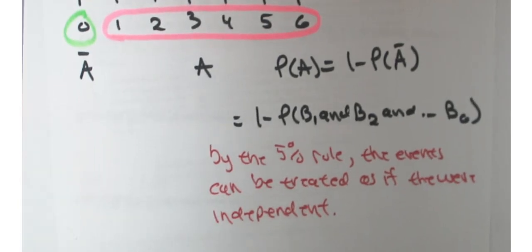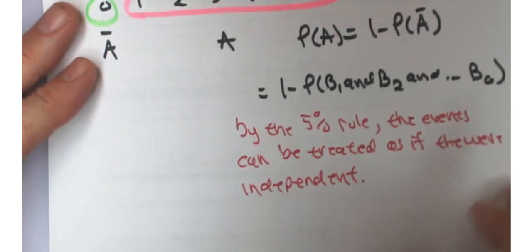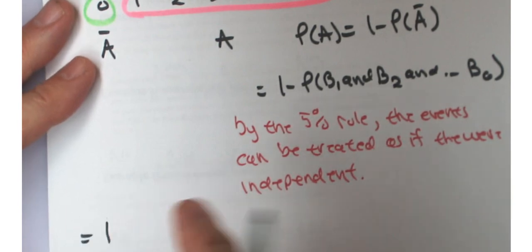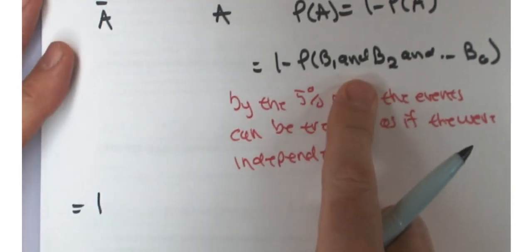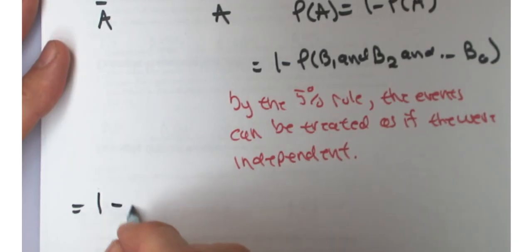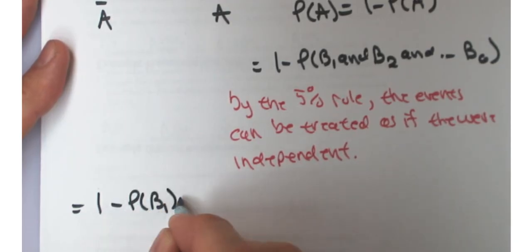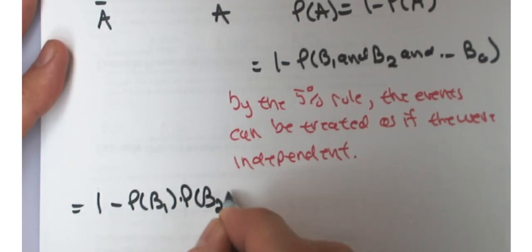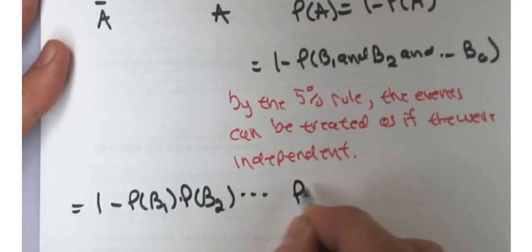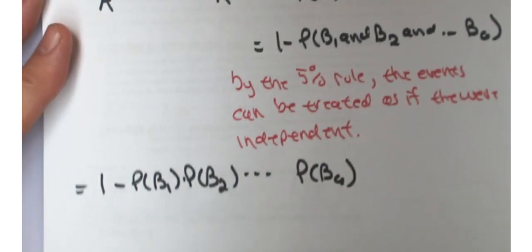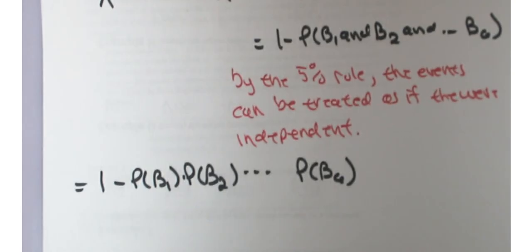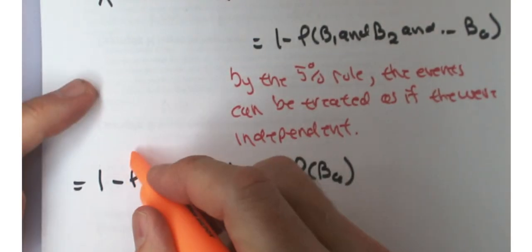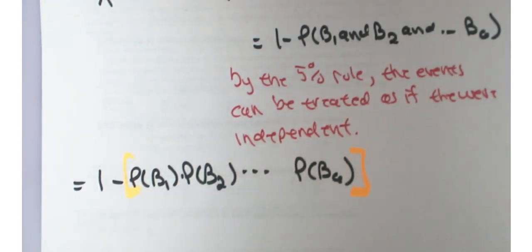So if these are independent, then that probability becomes the probability of a boy on the first times the probability of a boy on the second, all the way down to the probability of a boy on the 6th. I'm just going to put that in brackets. Can anyone look at the problem and tell me what that probability is?